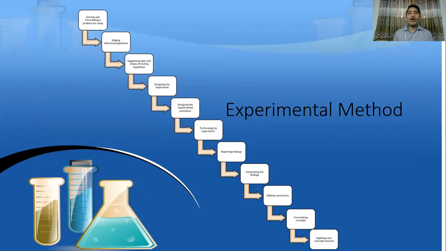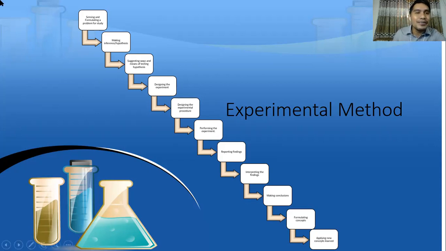Now we move on to the experimental method. These are actually the steps. There are 11 steps in the experimental method. I think you are familiar with the experimental method because since elementary you've been engaged in different experiments and you follow the scientific method.